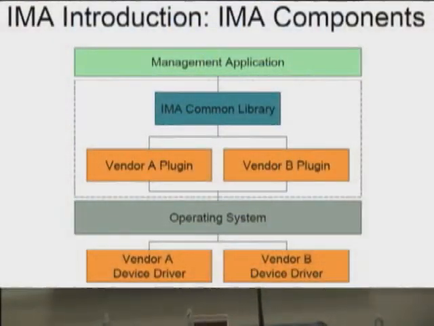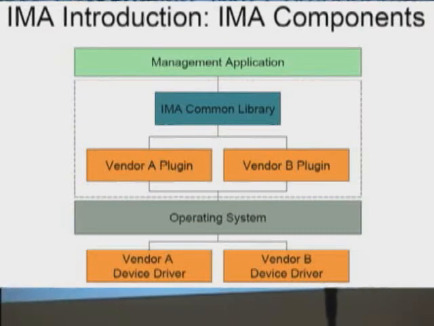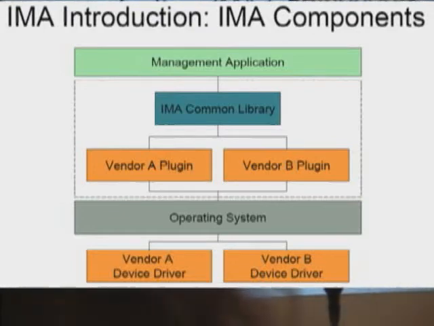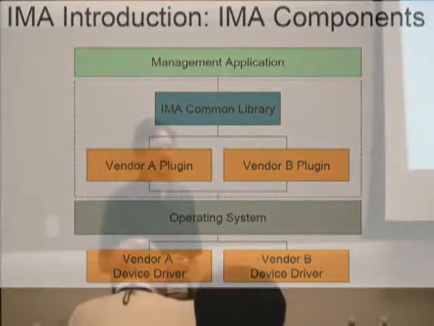This vendor plugin and common library framework implementation can be slightly different on a per-OS basis, but basically what it amounts to is some type of configuration file that holds the vendor plugin .so locations, or DLLs on Windows, and the common library would understand which ones it would load.